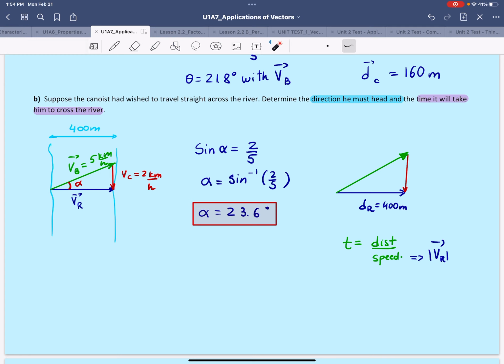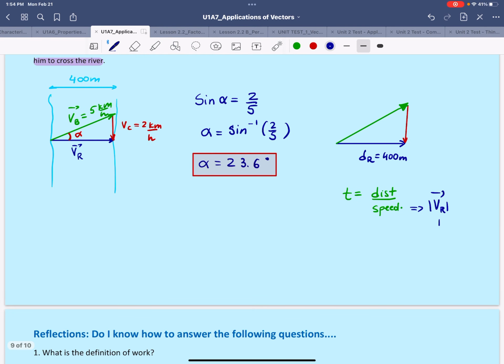I would go for the Pythagorean theorem because that allows me to use the exact values given. So in this case, the magnitude of the resultant velocity would be equal to the square root of 5 squared minus 2 squared. Remember that 5 plays the role of the hypotenuse. So hypotenuse squared minus the other side squared gives 25 minus 4, which is 21. So the resultant velocity is equal in magnitude to the square root of 21.